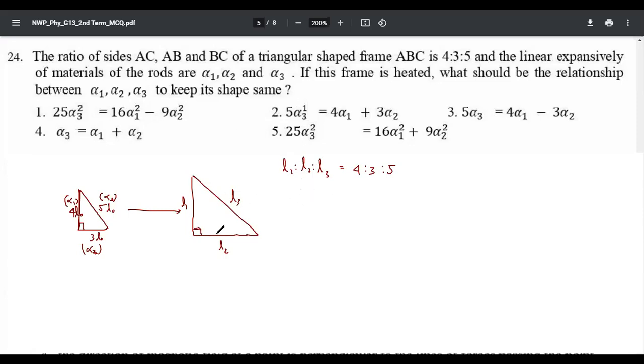Can consider the Pythagoras equation. L1 squared plus L2 squared is equal to L3 squared. Now what is L1?